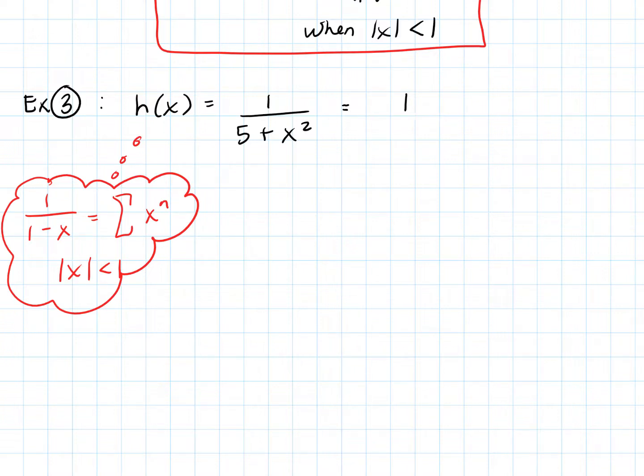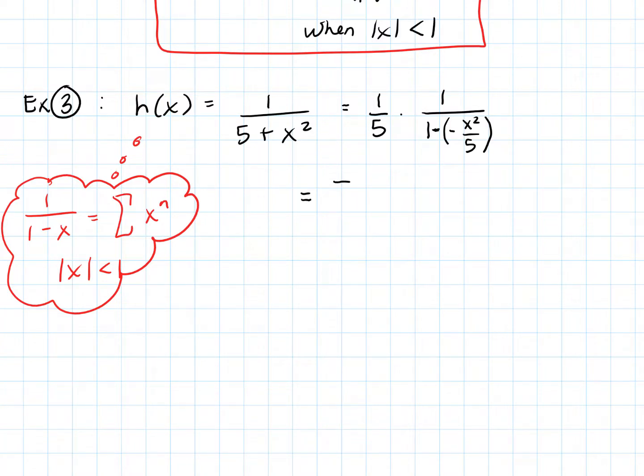Well, I would pull out a 1/5, and I'd have 1 over 1 plus x squared over 5. And then I'd say, oh, I need that minus. So this is the same as subtracting a negative x squared over 5. And so that's where I start, and I go, oh, perfect.